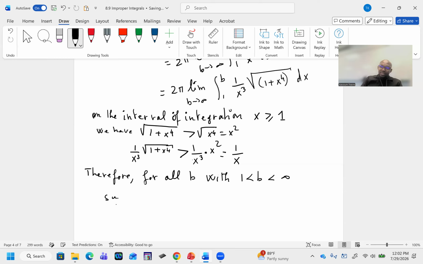We know the surface area is equal to what? 2 pi integral from 1 to b, 1 over x cubed square root of 1 plus x to the power of 4 dx.